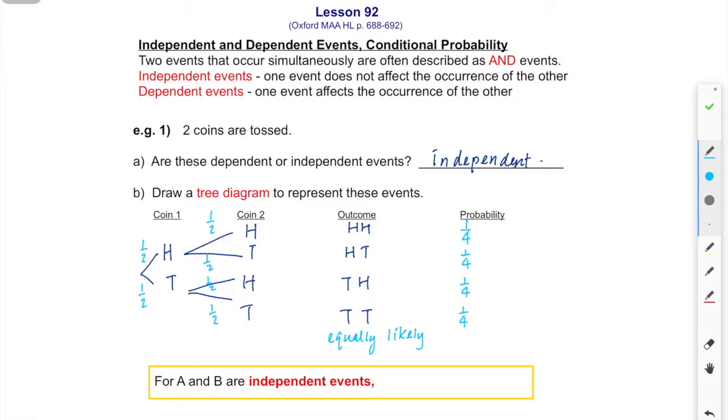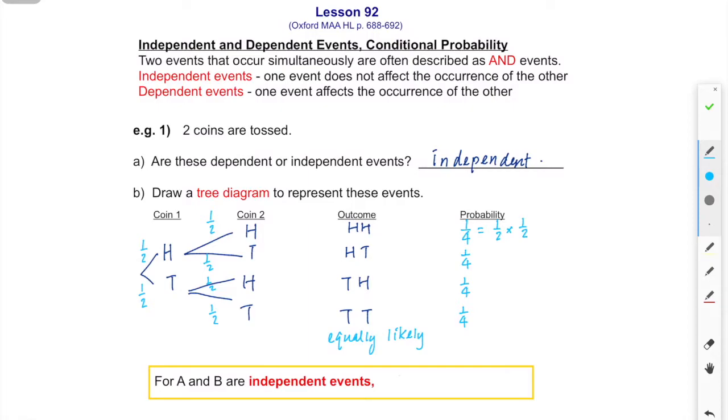If I look a little closer to the individual probabilities of getting a head from coin 1 and getting a head in coin 2, how can I relate 1/2 and 1/2 to 1/4? It turns out I can multiply these weights on the branches of the tree diagram to come up with having a head and a head.